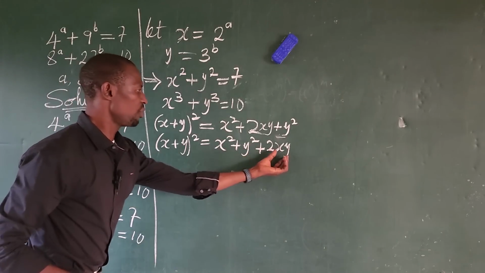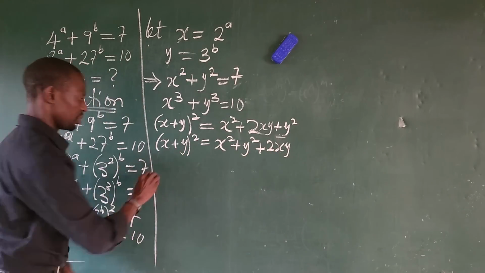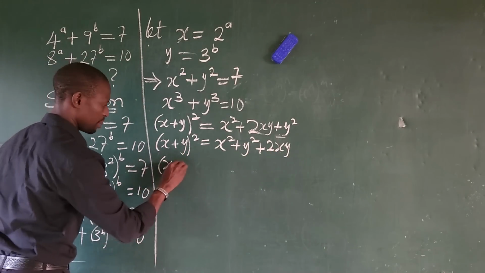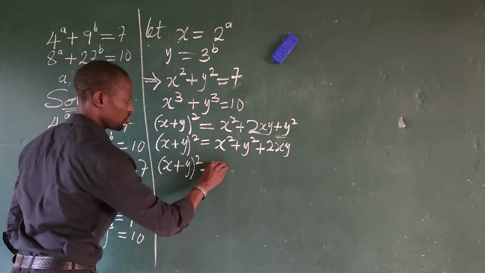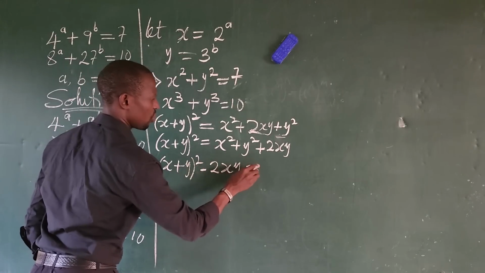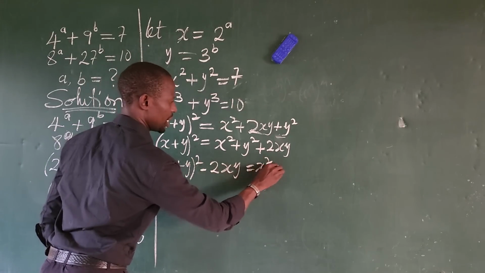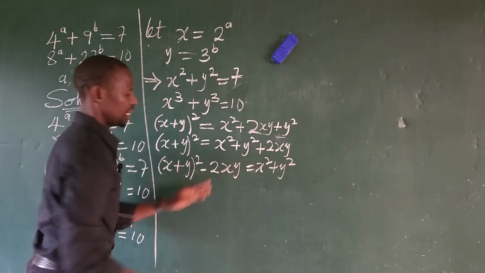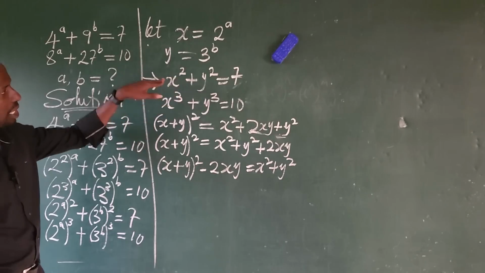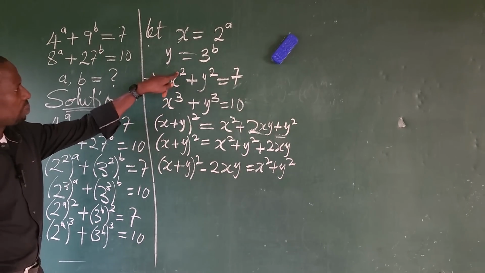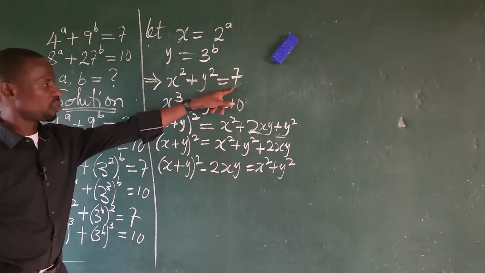If I decide to move this to this side of the equation, this will now become (x + y) all squared minus 2xy equal to x squared plus y squared. This is what is left here. Now, if you look at this other side of the expression, x to the power of 2 plus y to the power of 2 is equal to 7.